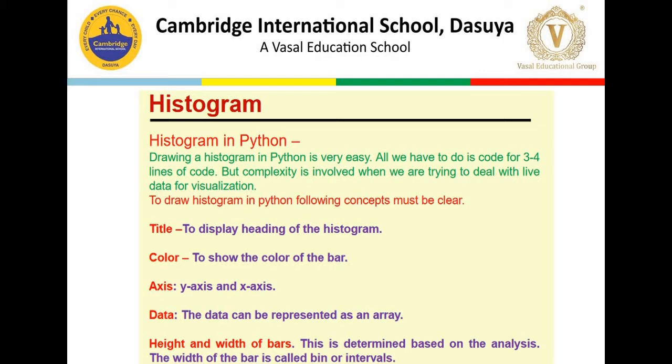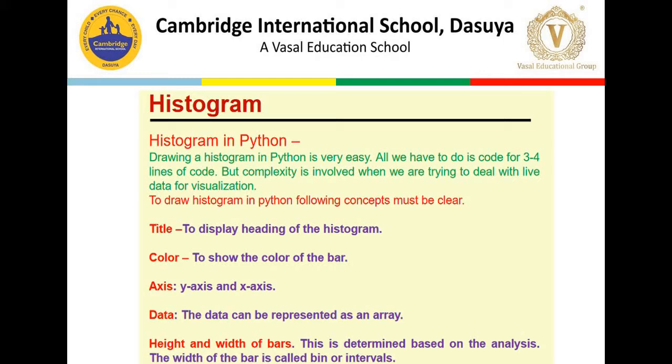To draw a histogram in Python, the following concepts must be clear. First is the title. What is the meaning of title? It is to display the heading of the histogram. Then is the color, which color to use to represent the bars of the histogram. Then is the axis, x-axis and y-axis: what is represented on the x-axis, and what is represented on the y-axis. Then the important thing is the data.